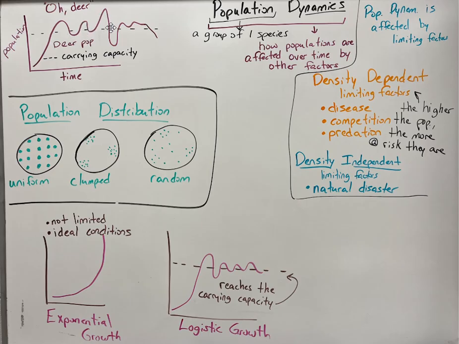It goes back and forth, and eventually, once it becomes stable, the population will just kind of creep up a little bit above it or go a little bit below it, but it won't be drastic like you see in the beginning. That is the carrying capacity, and that's determined by certain limiting factors. How many organisms of one species an area can hold is determined by the limiting factors in that area.